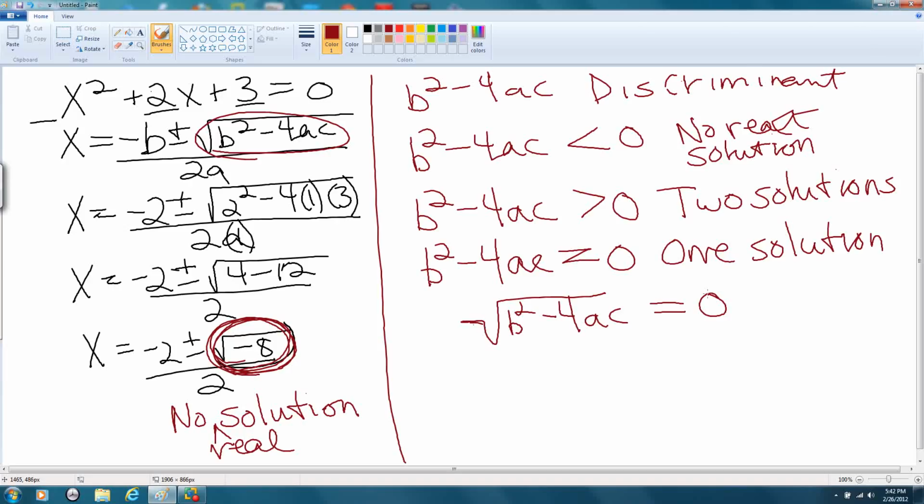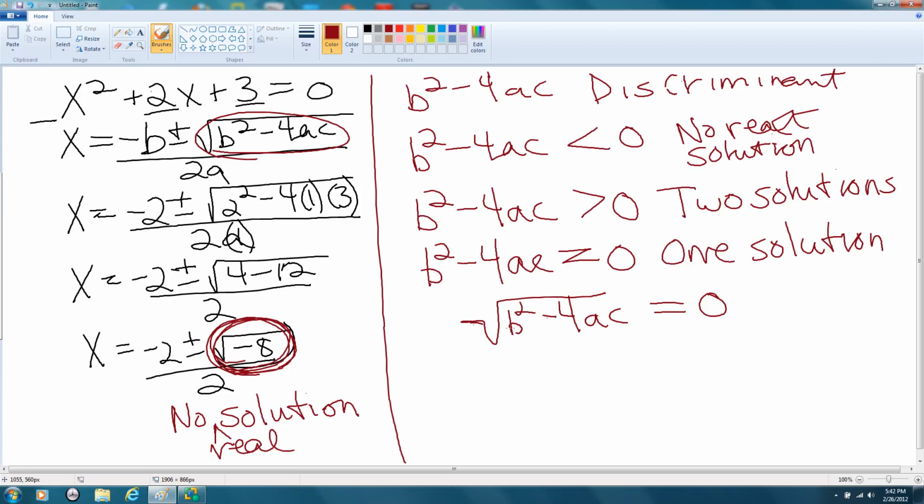Then you just have the opposite of b over 2a. And that's just going to generate one solution. We won't have a plus or minus there. So there will only be one solution if this b squared minus 4ac is equal to 0.